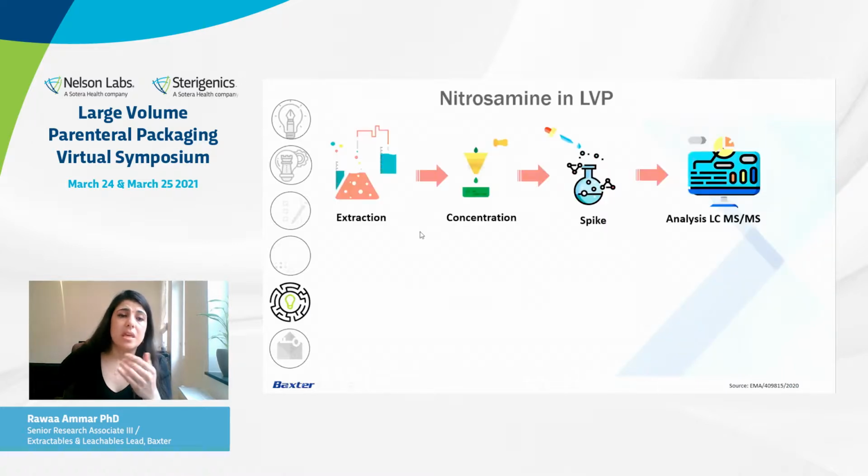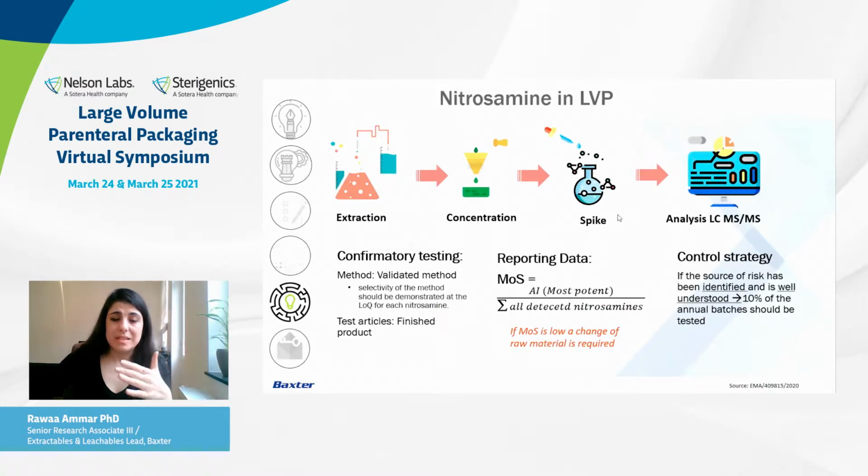So the LVP finished product can be extracted, concentrated to achieve this limit, spiked, and analyzed, and the regulation recommends to analyze by LC-MS-MS. And we have an understanding if there is nitrosamine and from where it's coming.